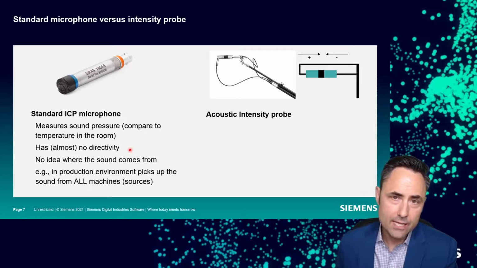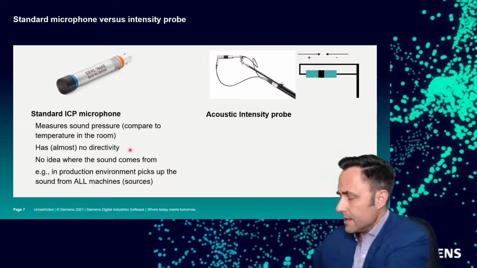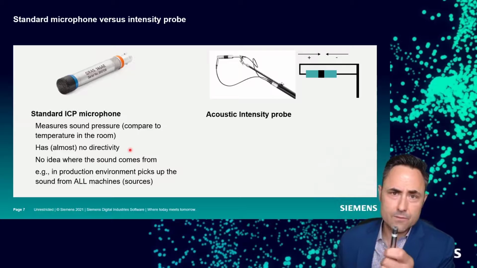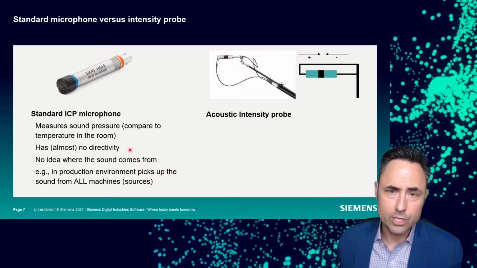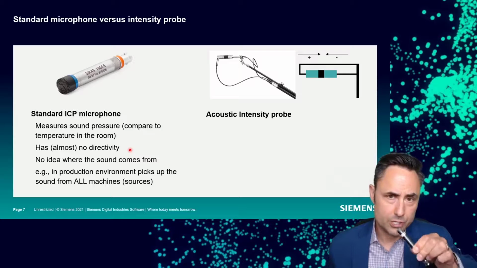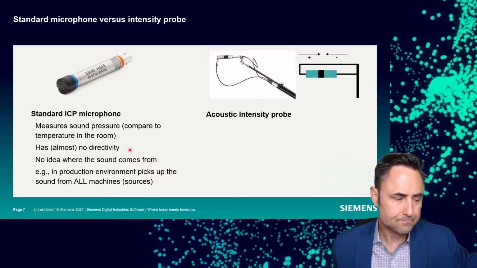And so as a result, we don't have a whole lot of an idea of where the sound we're picking up on this microphone comes from, right? I've got one sitting right here. We've just got this microphone, and the sound pressure waves could be coming from any direction. We don't really know necessarily where they're coming from. We just know what the pressure is right at the diaphragm of this mic, right?